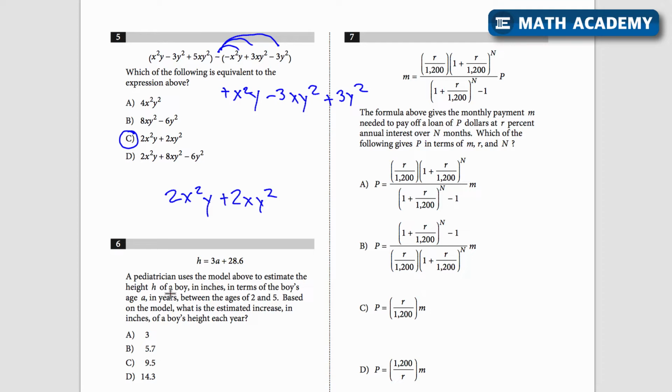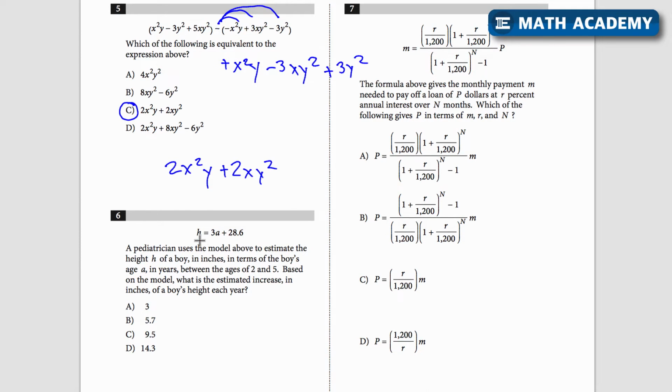Number 6. H equals 3a plus 28.6. A pediatrician uses the model above to estimate the height h of a boy in inches in terms of the boy's age a in years between the ages of 2 and 5. Based on the model, what's the estimated increase in inches of a boy's height each year?